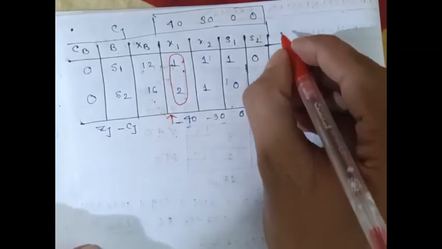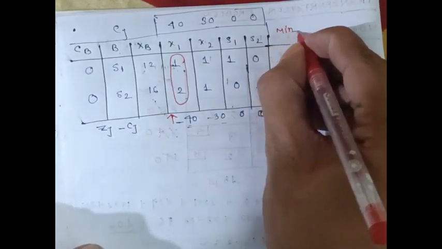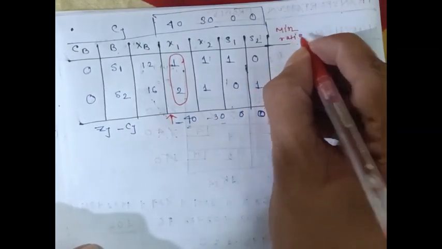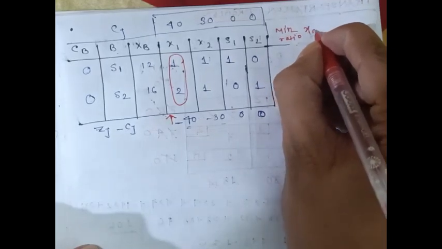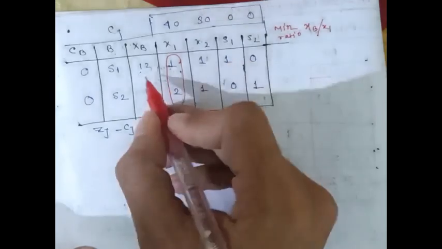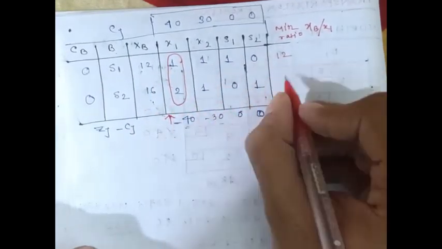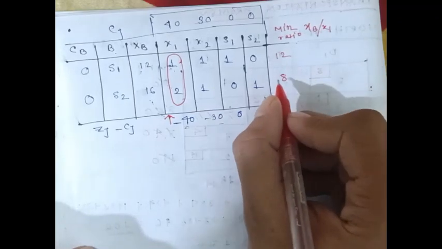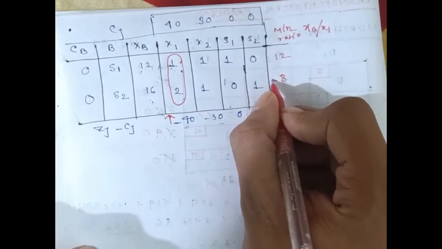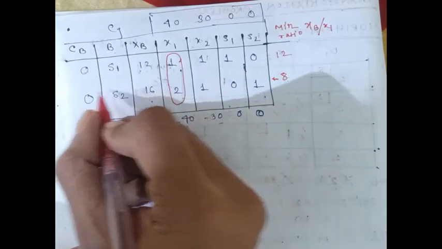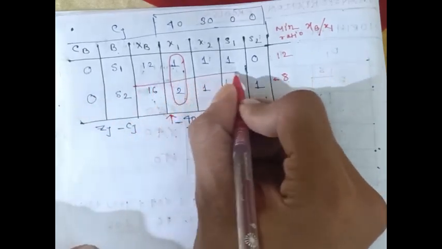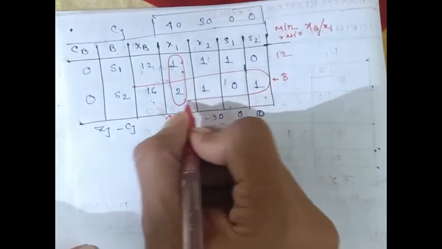Now we have to calculate the minimum ratio. The formula is xb divided by the key column, and our key column is x1. So 12 by 1 is 12, and 16 by 2 is 8. We take the minimum value, so 8 is the minimum, and we take this row.